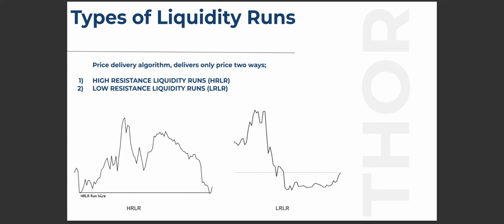If you take a look at the figure on the left-hand side, I annotated this as a high resistance liquidity run. Here's the thing about high resistance liquidity runs. There's a swing high, swing low, and a swing high formation. Price moves away from the sell side, creates the buy side here, and then breaks lower.